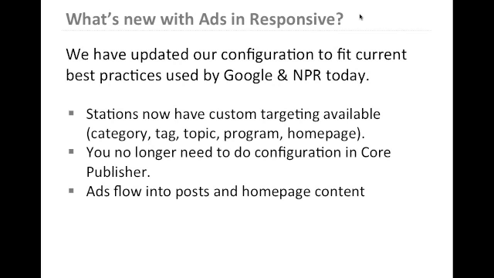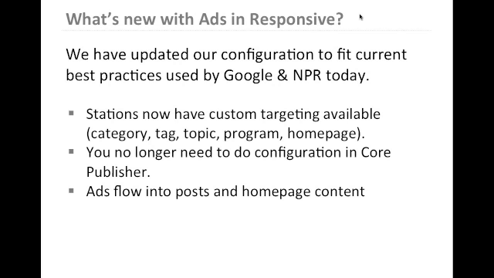You also have the opportunity to custom target. You used to only be able to target your categories or your homepage, but now you can target anything as small as a specific post, or you can target larger and target all of your program pages or all of your topic pages.